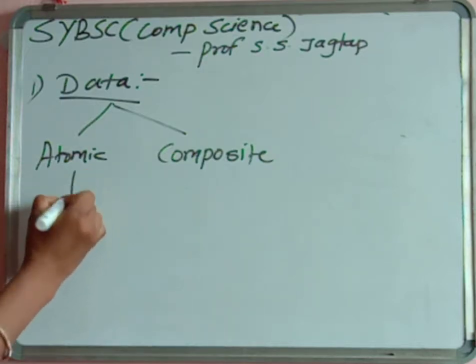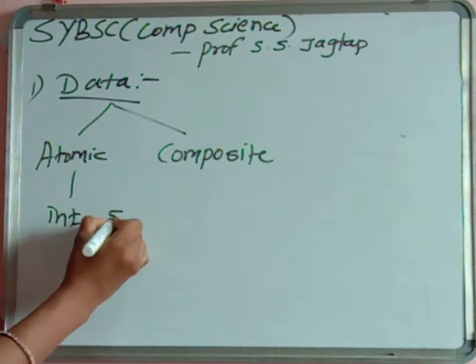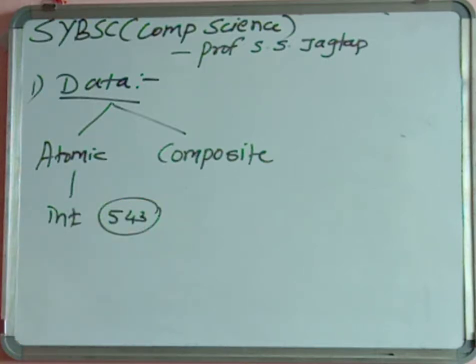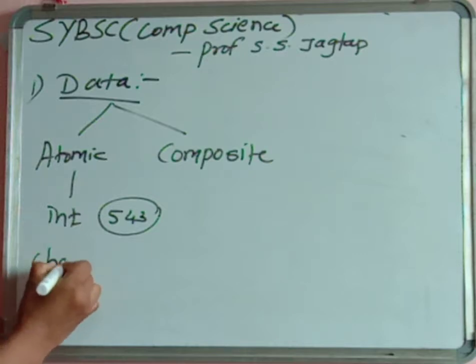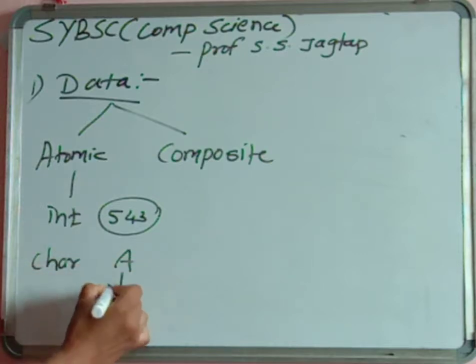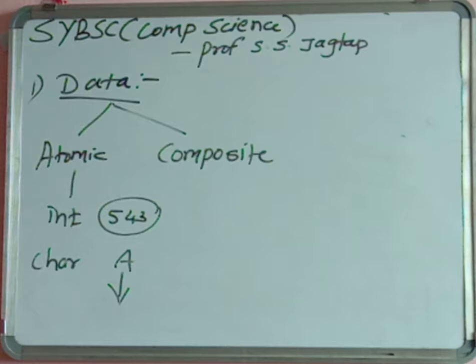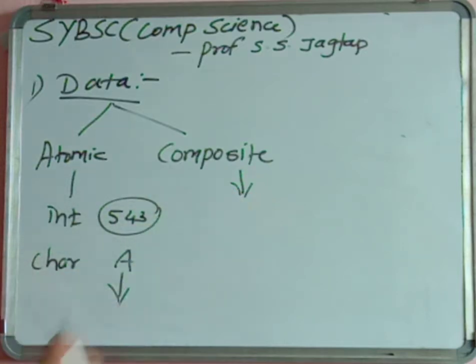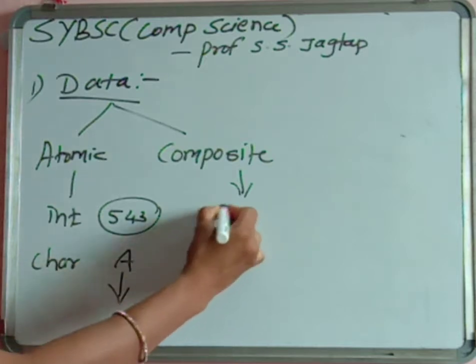For example, integer 543. This number is not further divided, like character A. This also is not further divided. Whereas composite data can be divided into further atomic data, like date.